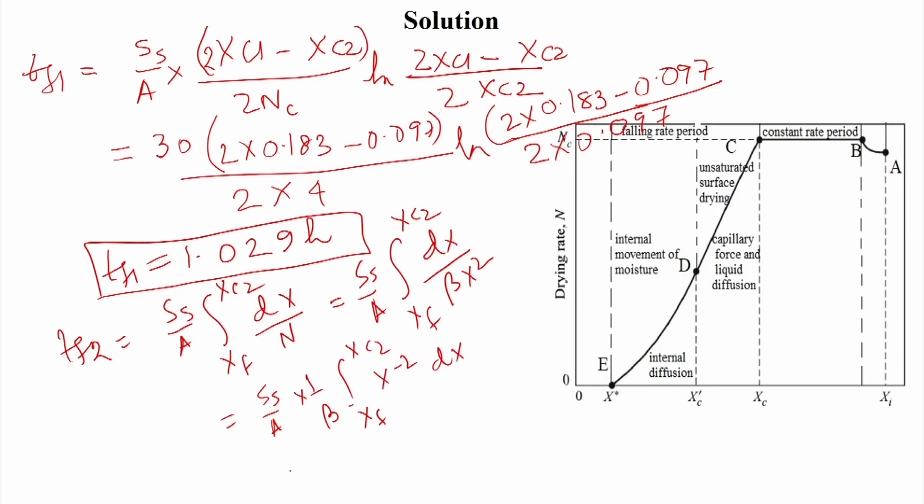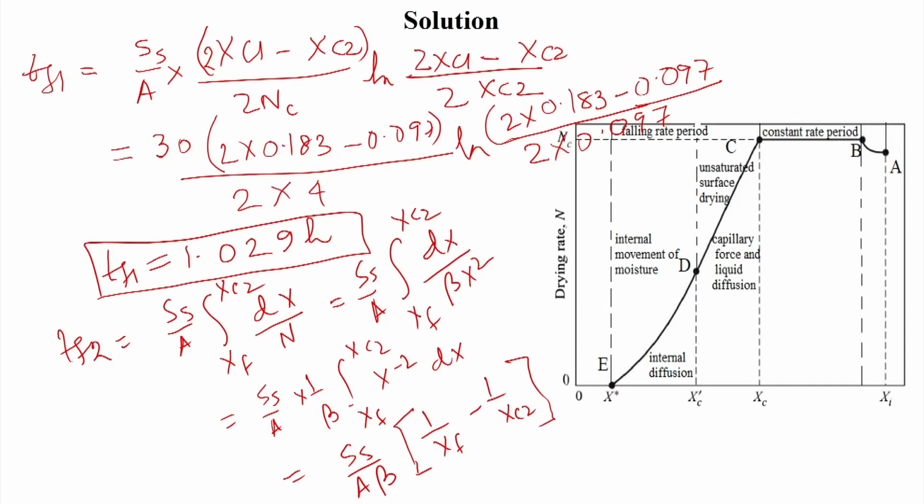That comes out as Ss by A beta into 1 by XF minus 1 by XC2. So, that is Tf2.